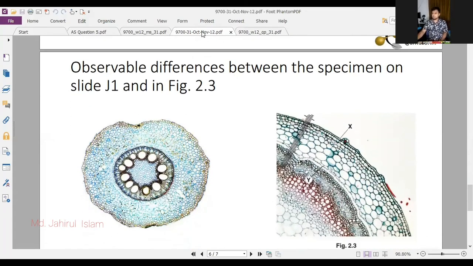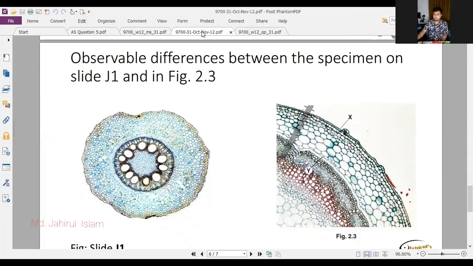Okay, these are the 2 pictures for your observation. I have taken these 2 pictures side by side, so you can easily observe and identify the differences. Okay, first you see the cortex. This is the cortex, it is a little bit larger, whereas the cortex is smaller here.